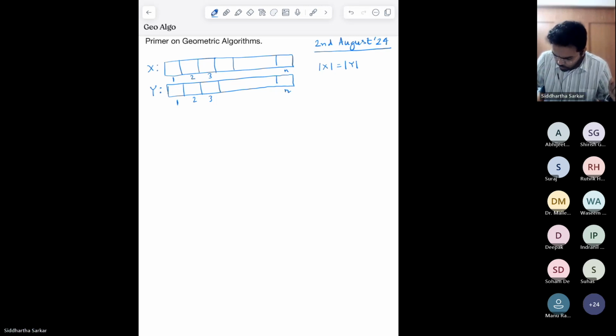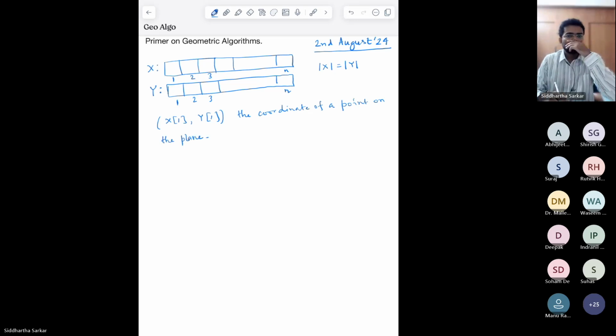So X of 1, comma, Y of 1 signifies the coordinate of a point on the plane. All right. So basically you have been given n points on the plane and the representation is via numbers.